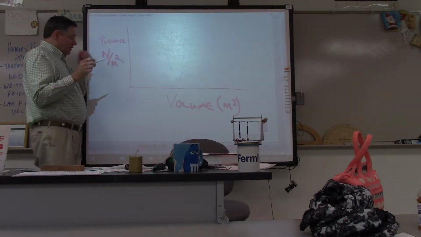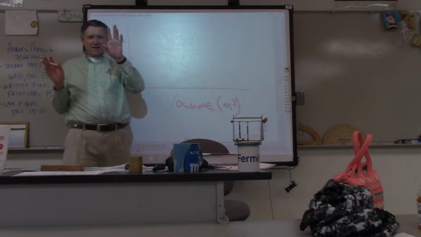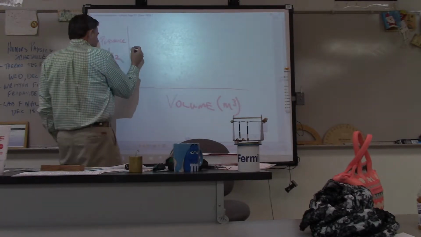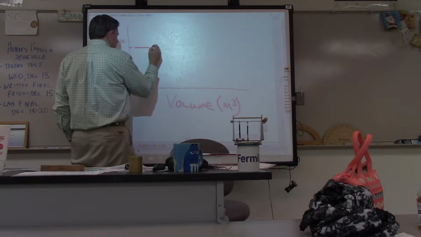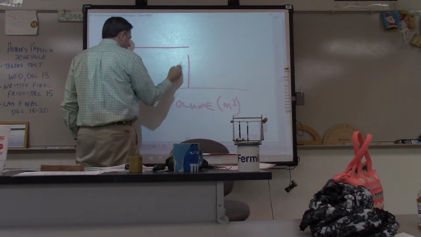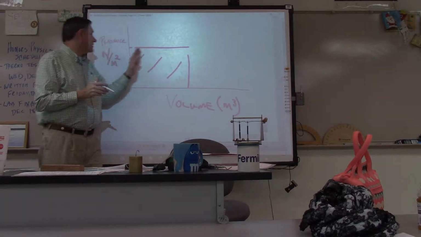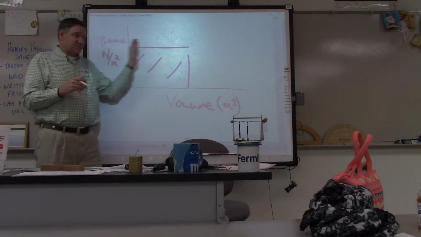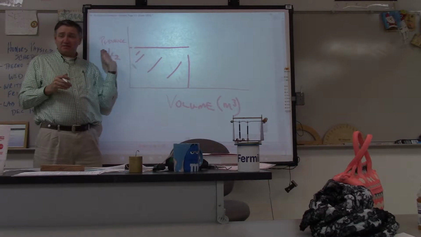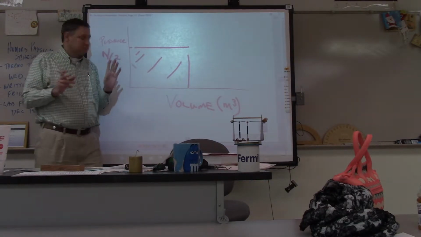So now, let's just say that we're going to draw a horizontal line across here. If I draw a horizontal line across here, is the pressure changing, or is the pressure staying the same? Same. Okay?